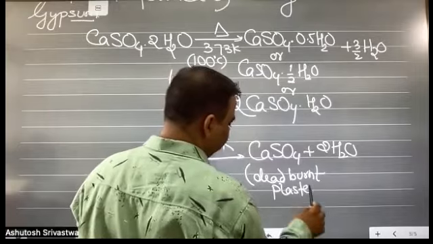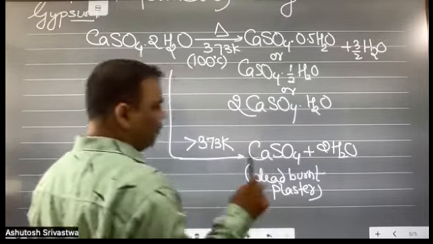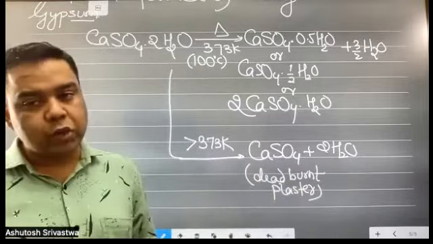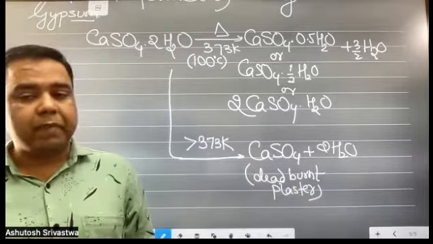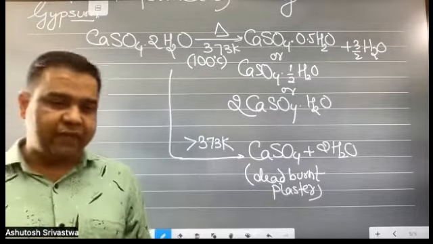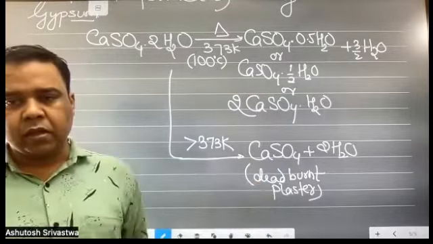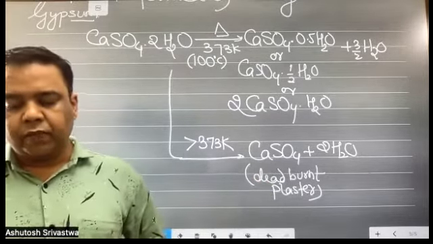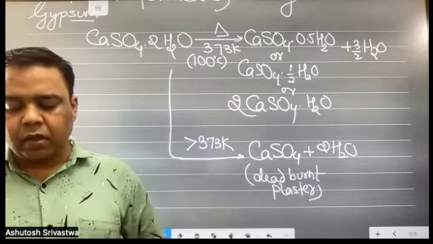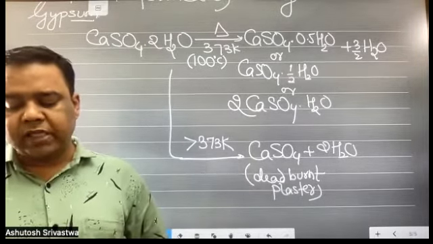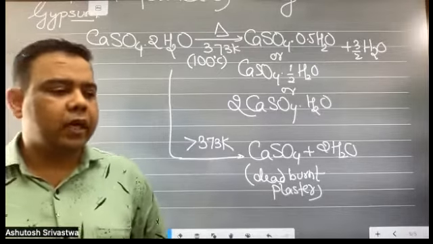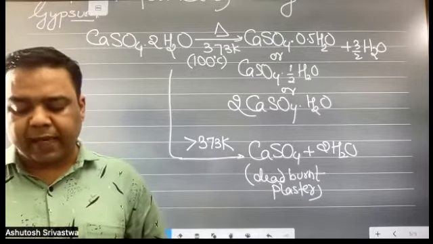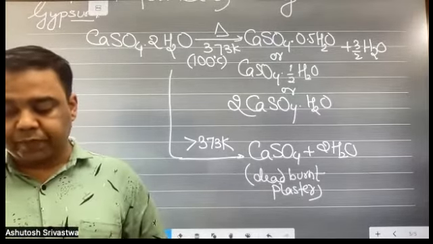Because if we obtain this and add water, then this calcium sulfate is not going to set like plaster of Paris. That is important. When we add water, nothing is going to happen. It is not going to set like POP. So you can write it down. The dead burnt plaster does not set like plaster of Paris on adding water.